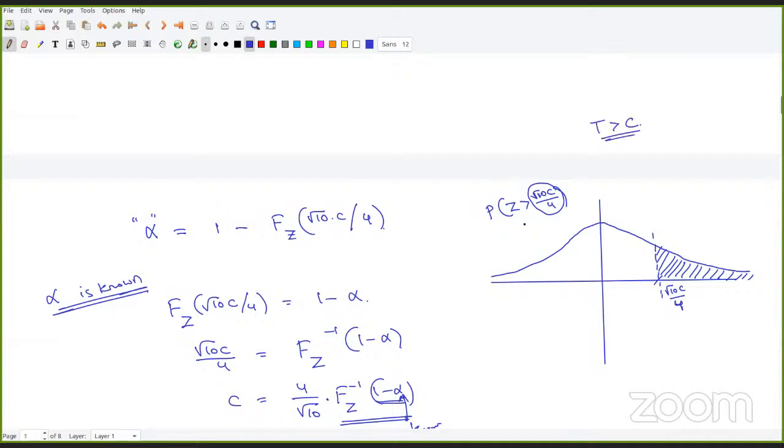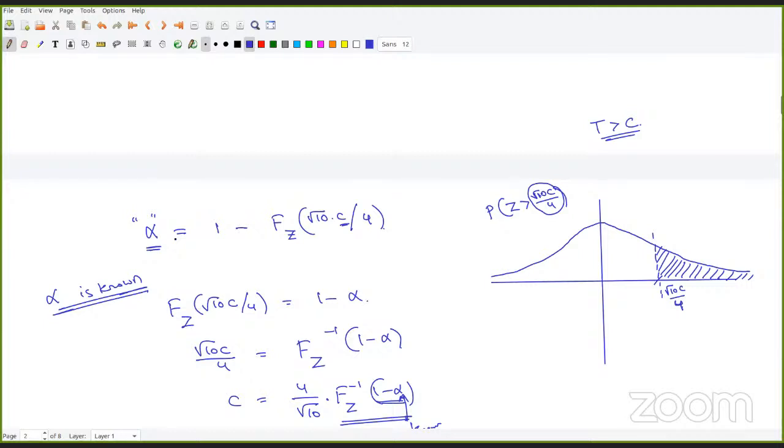So we are actually computing the type 1 error, and we brought a relation between the type 1 error and C. This type 1 error is what we call the significance level.